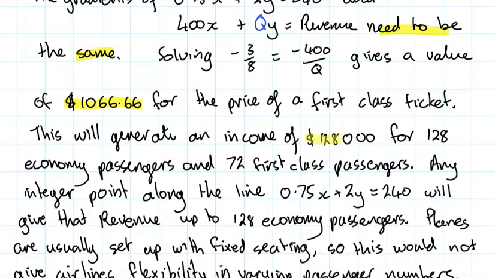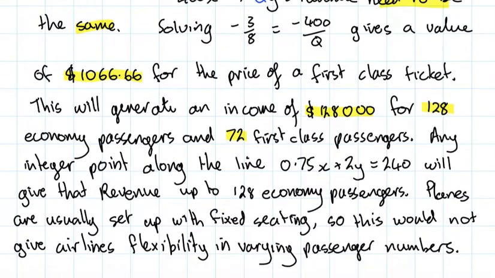I've put the income there. It'll generate $128,000 for 128 economy and 72 first class passengers. And any integer point along that line will generate that revenue.